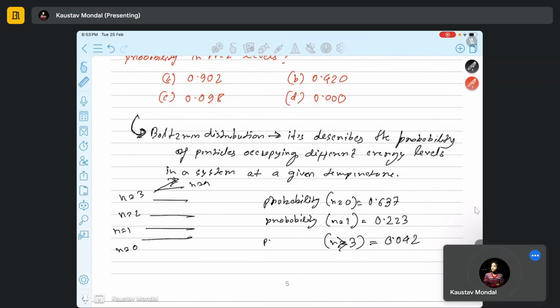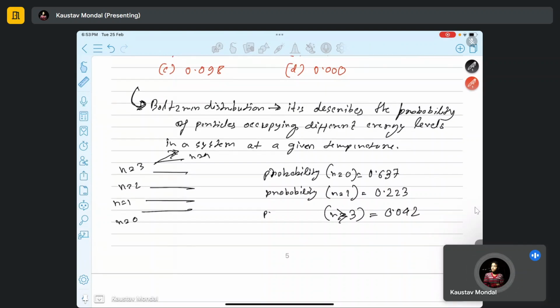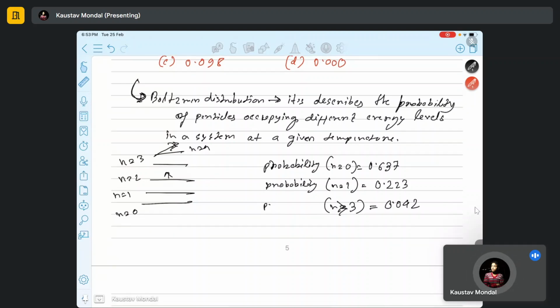Now you have to find the probability of n equal to 2, that means the probability of being in the n equal to 2 state. So how can you calculate it? You already know the total probability is equal to 1, right?